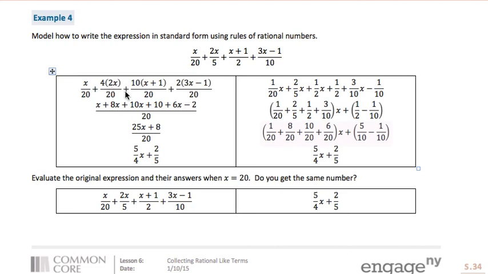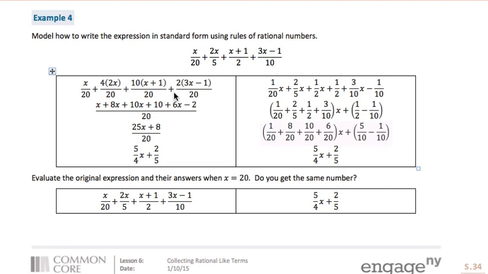The next term we'll have to multiply by 10 in order to get 20 in the denominator, and so we multiply the quantity x plus 1, and please notice that we're putting everything from the original expression in parentheses. This is really important, because if you don't do this, you are very likely to multiply 10 times x, but forget to multiply 10 times 1.